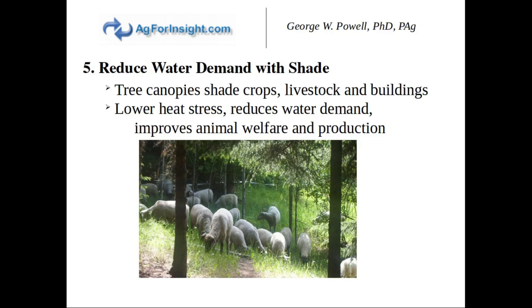So your plants midday in the summer are often in full sunlight but not growing because they've closed their stomates to conserve water. So a little bit of reduction in temperature and shading can actually benefit crop production as well as animal welfare and animal production.